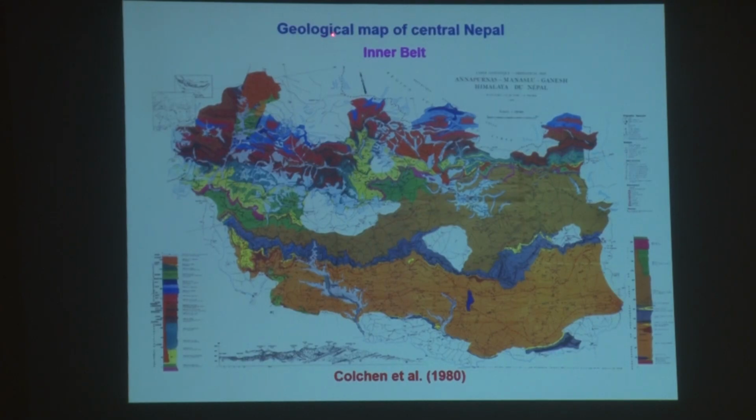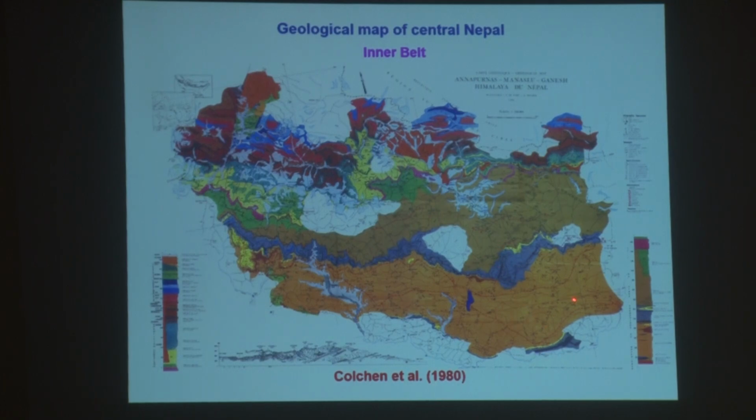This was one of the best maps, I think, of West Nepal, prepared by Olsen and others. In every detail, they have mapped out the units here. We can see a large anticline in the center. And then we have all these blues, which are basically slates, graphitic slates, dolomites, carbonates, and quartzites here.